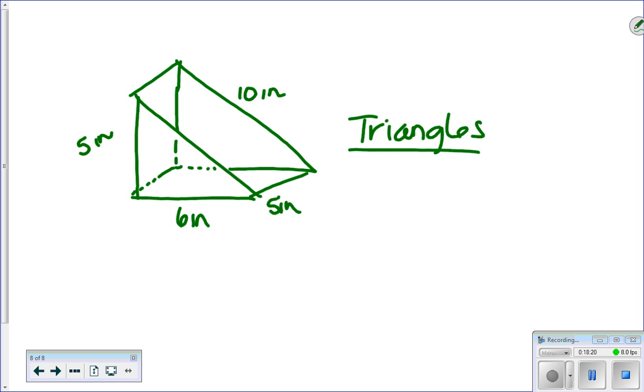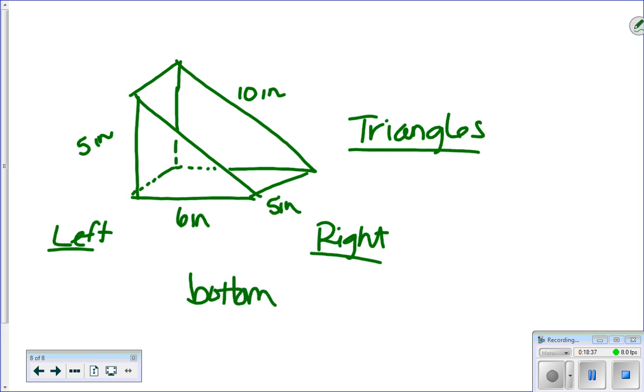How would you guys do it? Okay, so you're going to keep this the right side? Okay, so we'll do right, and then left, I suppose, and then the bottom. However you see it, I'm totally fine with.